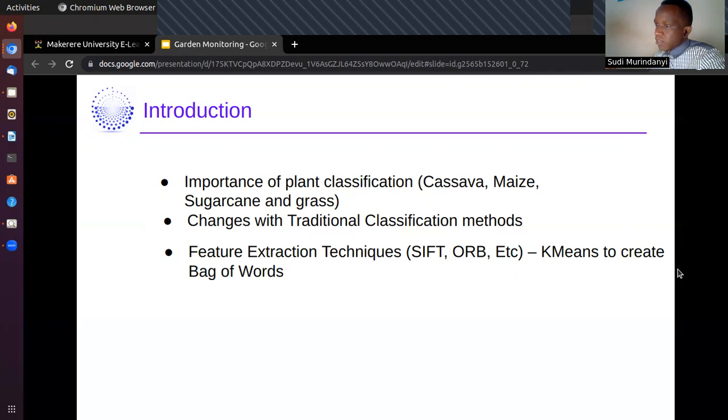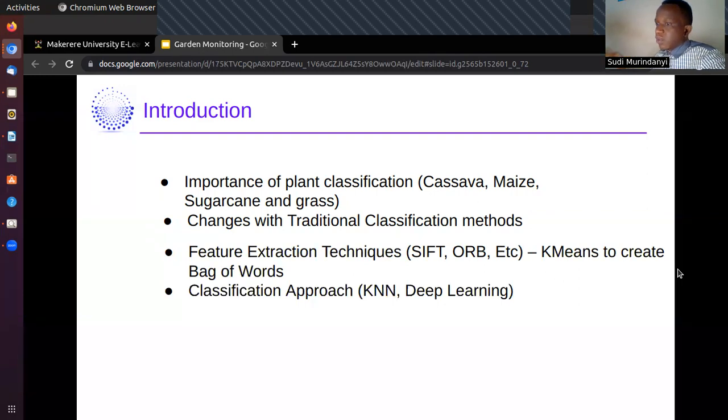One is SIFT, another one is ORB, and the third one is color extraction, but there are many others like SURF and so on. And then after extracting features, I used k-means to represent 100 features, and after that I used PCA to select the 10 best features from those, and then I was able to train my models.